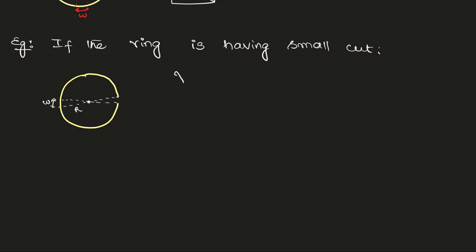For this we will find the linear charge density, that is charge per unit length. If r is the radius, it is q by 2 pi r. Now the charge associated with that small element will be lambda into w, because that element's width is w. So it will be q by 2 pi r into w.